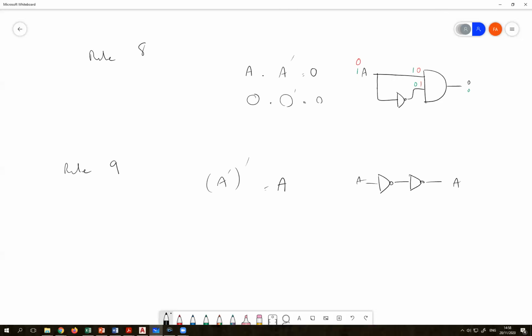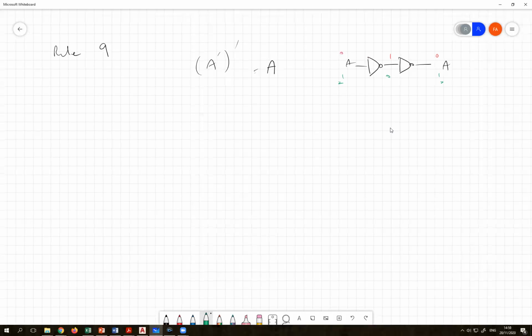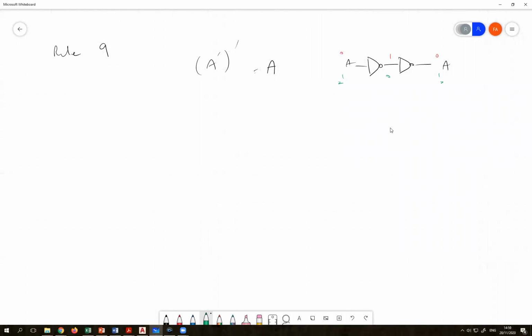If you invert it twice, imagine that's 0: 0, you get 1, 1, you get 0. Or 1, you get 0, 0, you get 1. So whatever A is, you get it at the end. So when you invert it twice, actually, you haven't made any changes to that. So this is rule 9.